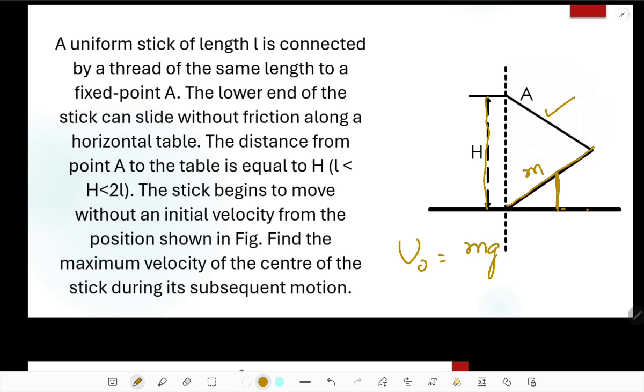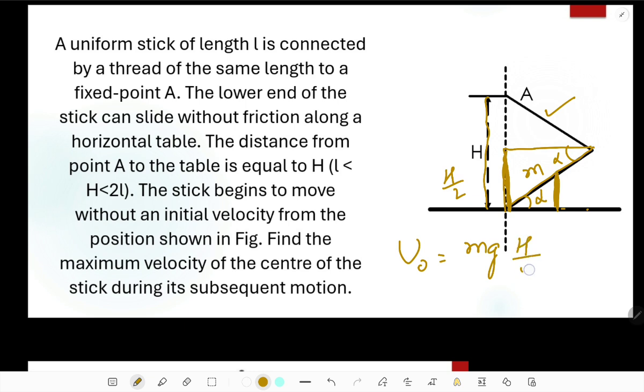And this height, I guess, if I consider this angle as alpha, then this angle is also equal to alpha. So this length is h by 2, no doubt at all. And I get here that this height is h by 4, because the center of mass of this rod lies at the midpoint of the stick.